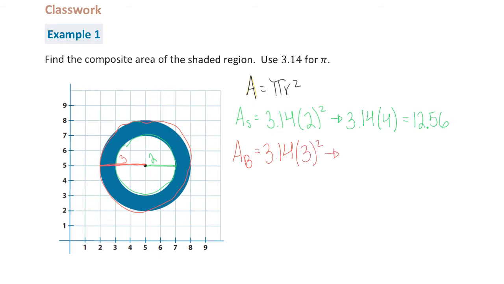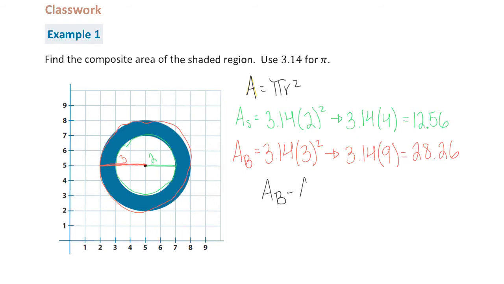To rewrite this out, I'm going to have 3.14 times 3 squared. So 3 times 3 is going to give us 9. And go ahead and put this into your calculator, 3.14 times 9. And that is going to give me 28.26.